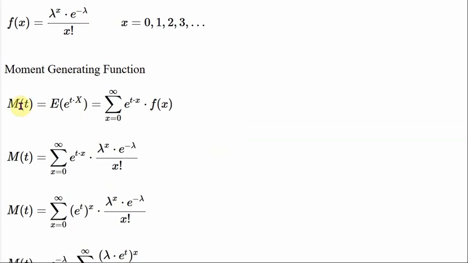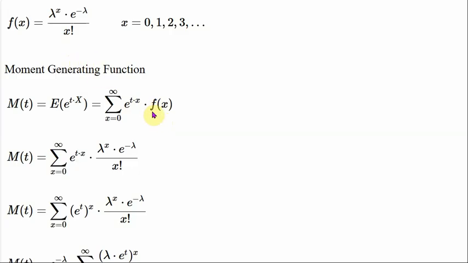The moment generating function is defined as the expected value of e to the tx, which is the infinite sum of e to the tx times f of x, where f of x is the PDF here.